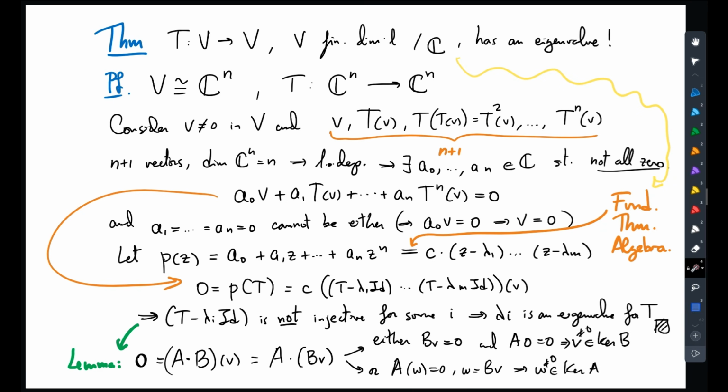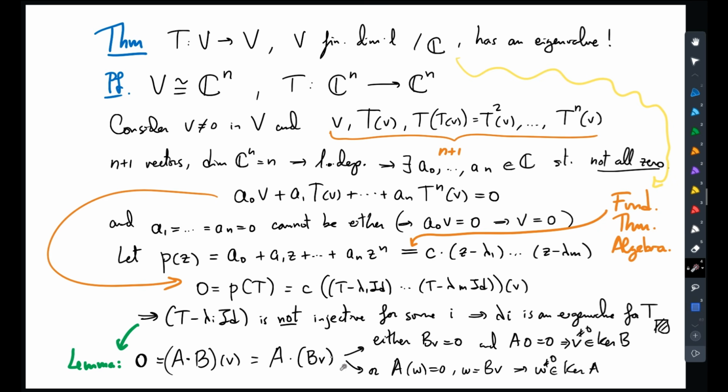How? Well, let me just prove a lemma here to do that. It's that if I have operators A and B, and the composition of A and B applied to v is 0, then one of the two is non-injective, because A times B applied to v is A applied to B v. And we have two possibilities.